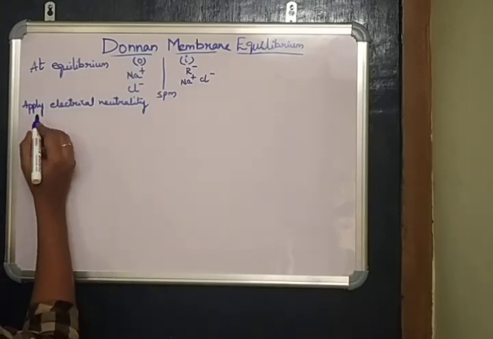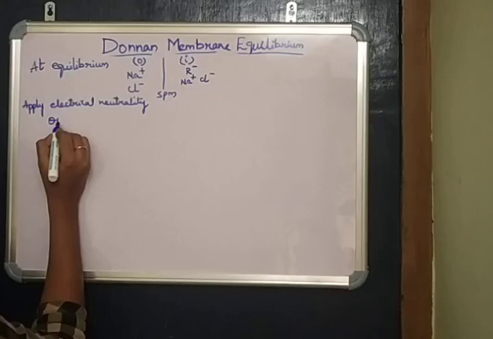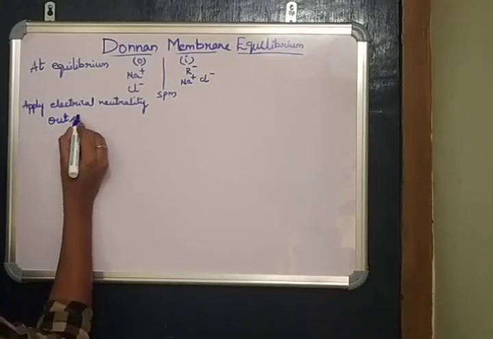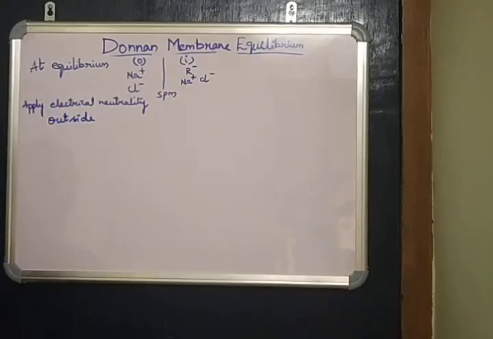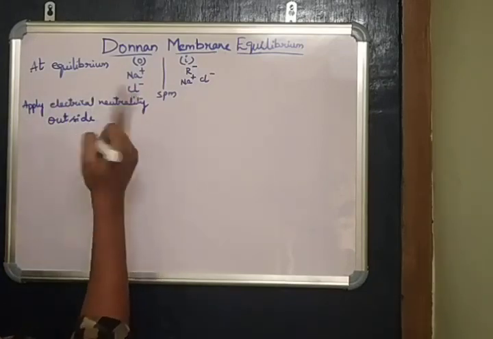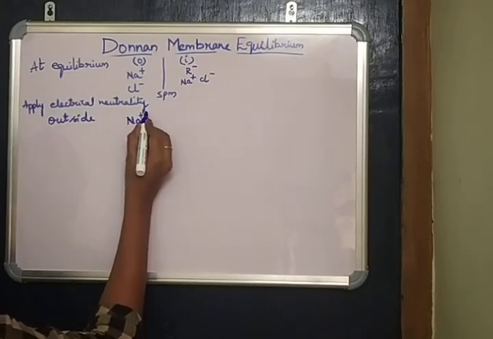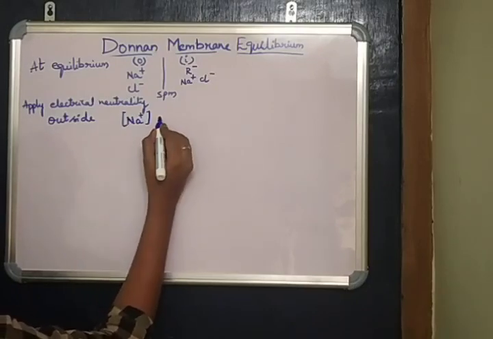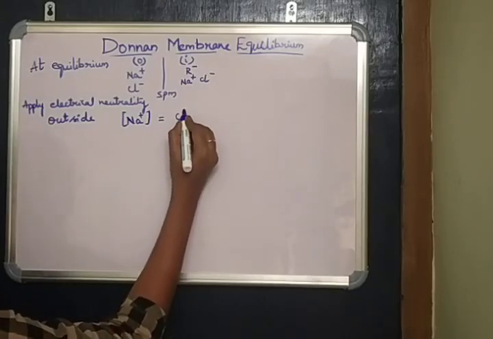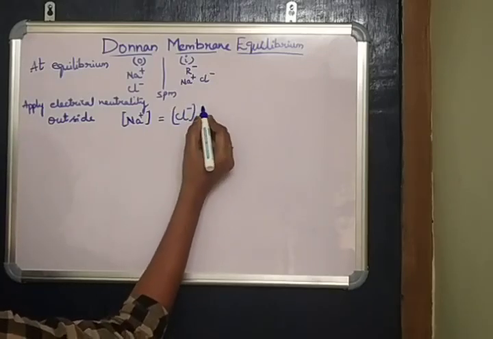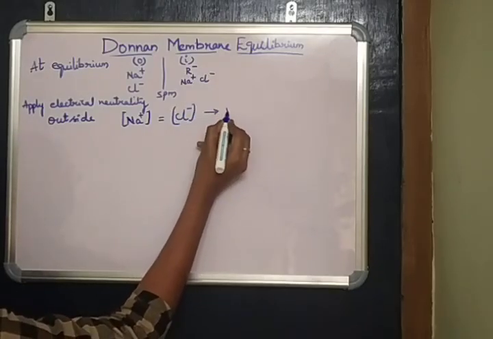For this we have to derive an equation. First we write for the outside of the solution: positive and negative charges are balanced. Outside, the concentration of Na plus ions is equal to the concentration of Cl minus ions. This is equation 1.